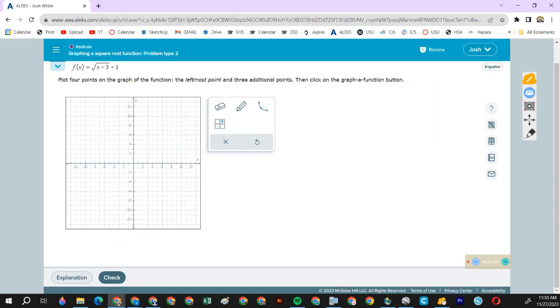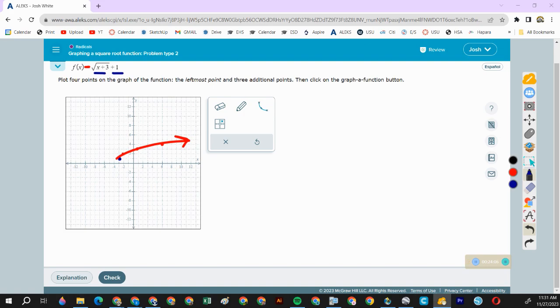Okay. So where is this? Left 3, up 1. So left 3, up 1. And then the pattern is up 1 over 1, up 2 over 4, and up 3 over 9. Like that. Okay. What if I put a negative out front? How is that going to change it?